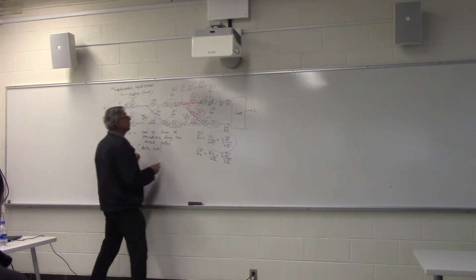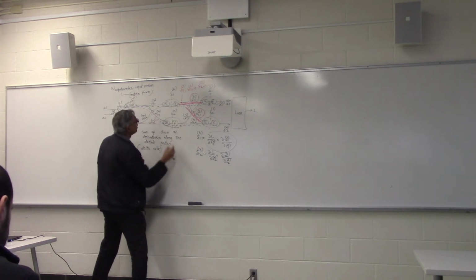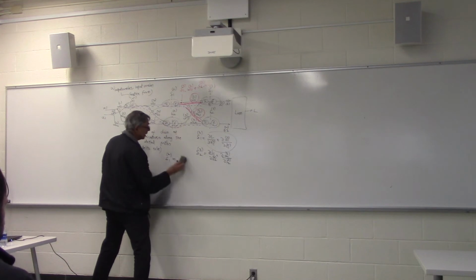Okay, so delta 1 of 2 will be the, so let's pretend it's a sigmoid.